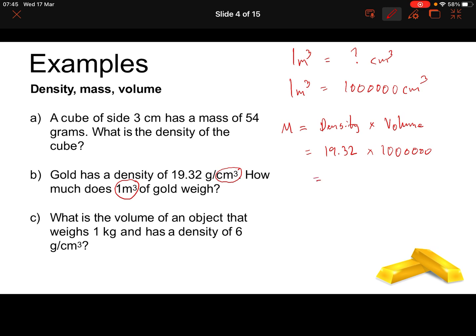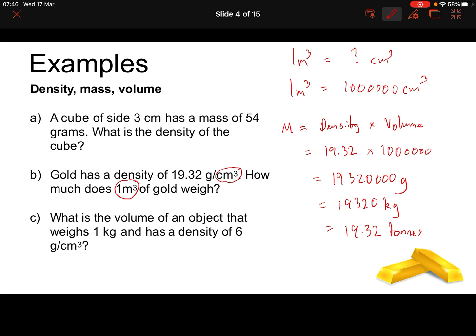So you're going to end up with 19 million 320,000, and that's grams. Okay, so now we've got the answer, we could now convert that. That would be 19,320 kilograms, or you might say 19.32 tons. Okay, because 1,000 kilograms is a ton.